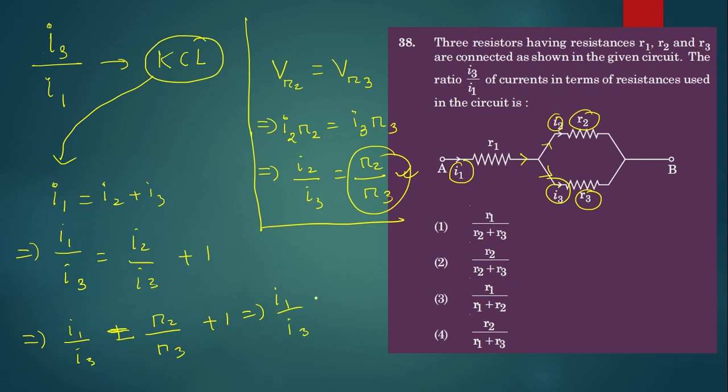Let me calculate further. I think this is R3 and this is R2. Anyway, the answer comes out to be R2, R3 plus R2. So option B, option 2, is the correct answer. Let's move on.